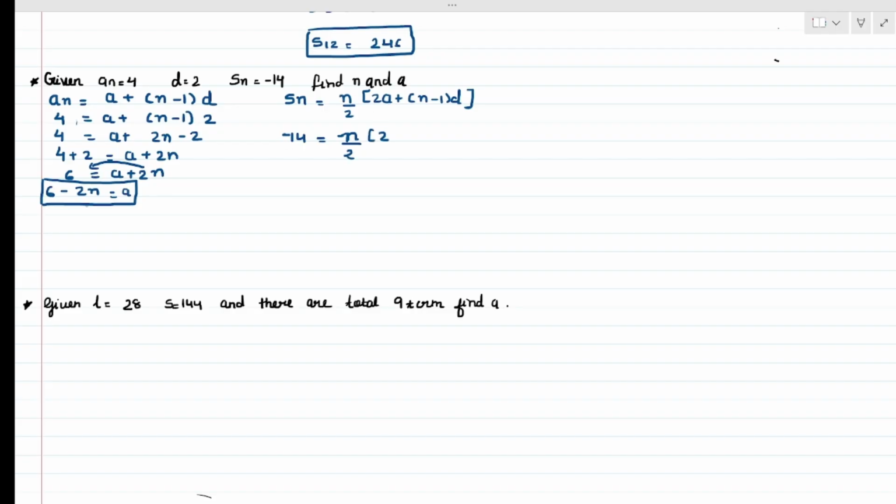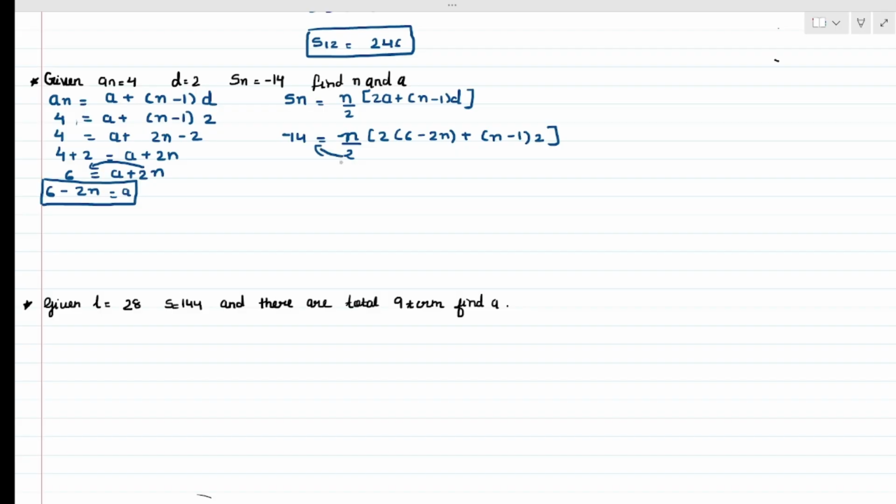Now I got my value of a, but it is in the equation format. No worries. Now substitute that: (6 minus 2n) bracket close, plus n minus 1 again because I don't know n. D, I know what is my d. My d is 2. Now solve this.